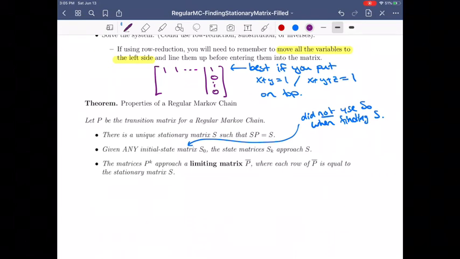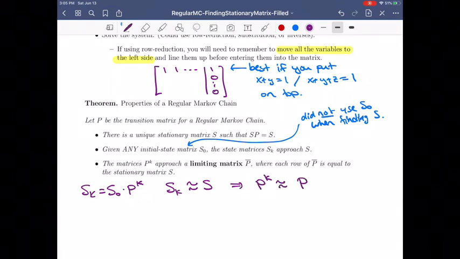You also get this: P to the power k, because Sk is equal to S0 times P to the k. If Sk approaches S, some stationary matrix, then P to the k has to approach something as well.